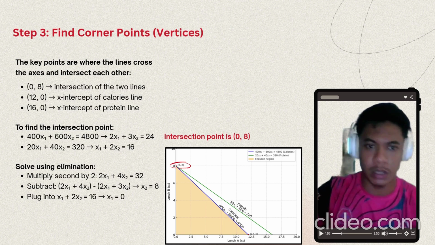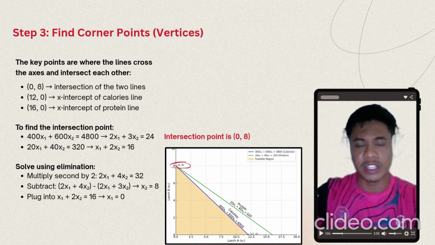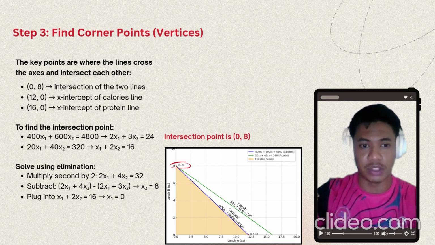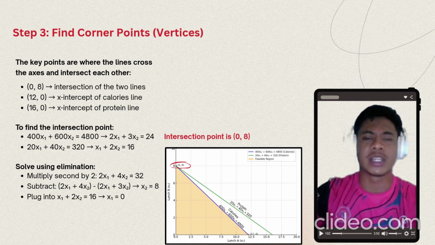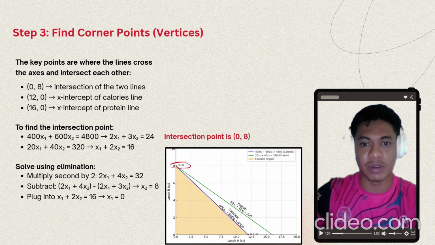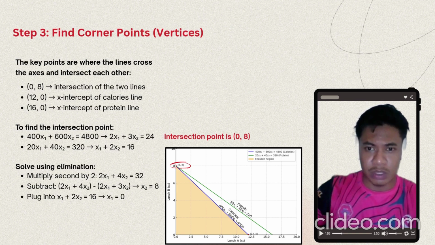For the third step, the corner points, or vertices, of the feasible region are identified to evaluate the potential optimal solution. To find the intersection of the two constraint lines, we simplify the system of equations by dividing, which yields 2x1 plus 3x2 equals 24 and x1 plus 2x2 equals 16.